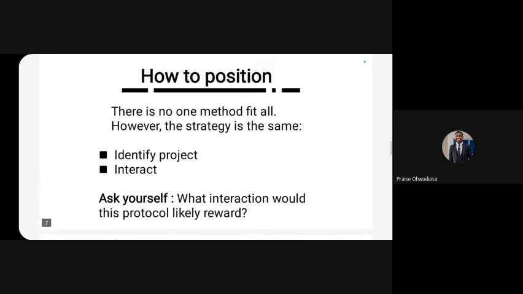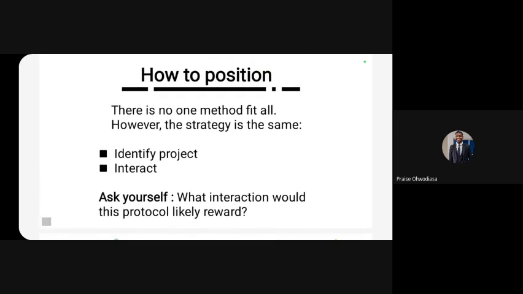So I wrote something. I said, ask yourself, what interaction would this protocol likely reward? If you are a developer, or if you launch a project, ask yourself, which kind of people will you reward if you launch your own project, whether it's a testnet or whatsoever? Will you reward somebody that just tested your testnet only one day and disappeared and never came back?